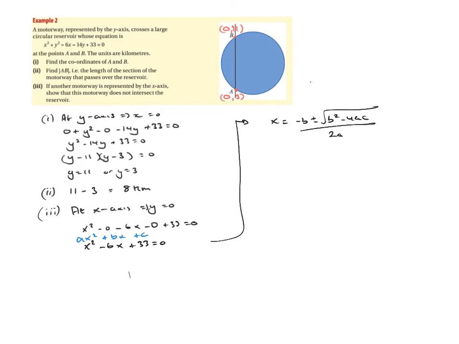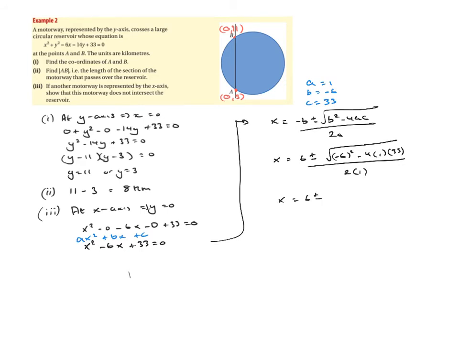So for this one, my a is equal to 1, my b is equal to minus 6, and my c is equal to 33. And stick these numbers in. So we've got x is equal to minus minus 6, which is just 6, plus or minus the square root of minus 6 all squared, minus 4 by a, which is 1, by c, which is 33, all over 2 by 1.